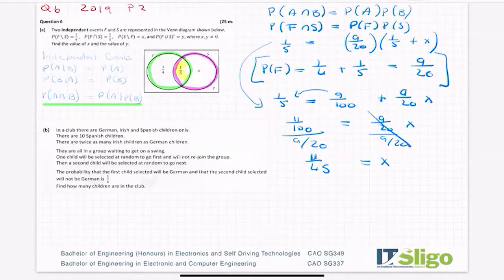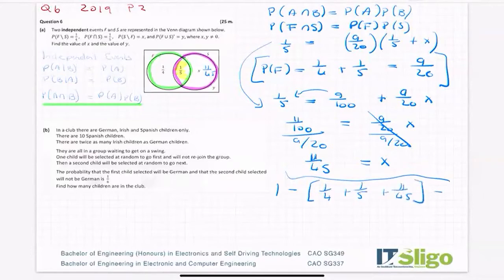My Y then lies here on the outside. And as you know, probability always adds up to 1. Which means that if I go 1 minus, 1/4 plus 1/5 plus 11/45, that is going to give me Y. In other words, I add all of these up, see what they are, and subtract them from 1, and that will give me the probability of Y. So let's just do that on our calculators.